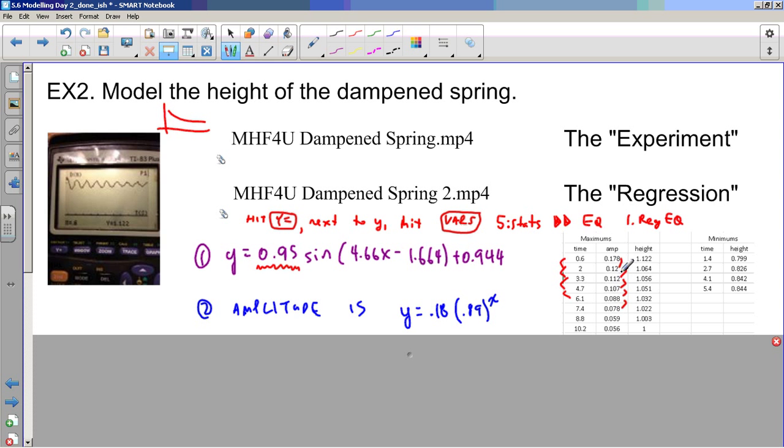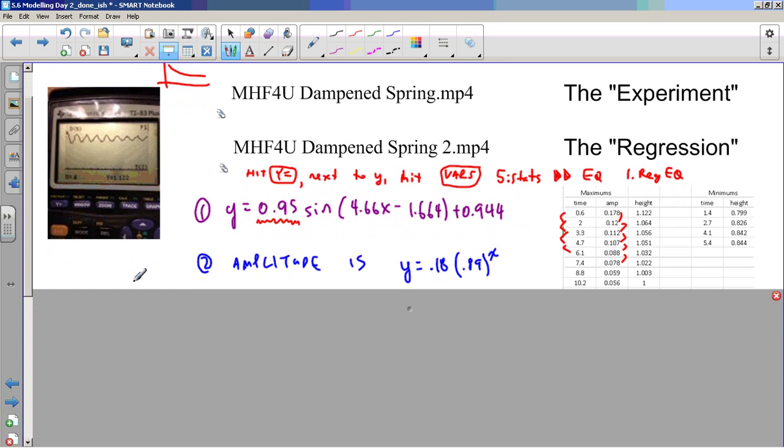I went through and I put the amplitudes and their respective times into Desmos or the graphing calculator. I can't remember now which one I did. I'm not going to show you that, but I just did exponential regression and got a model for just the amplitudes.